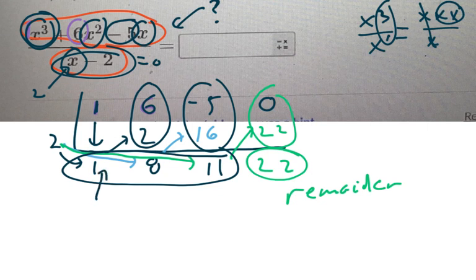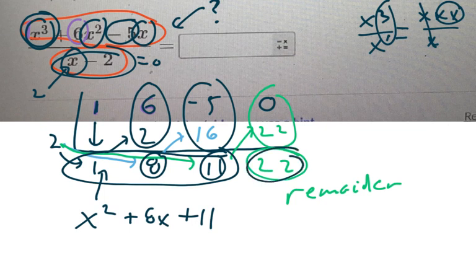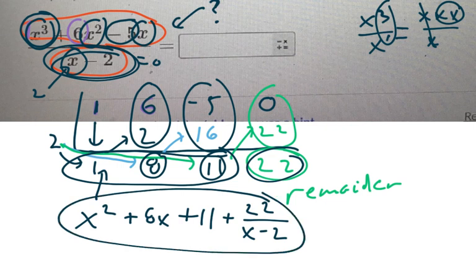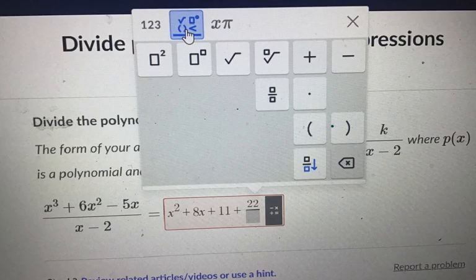So this is 1x^2. This is plus 8x. This is plus 11. And this is my remainder, 22 over, what did we divide by right here? X minus 2.